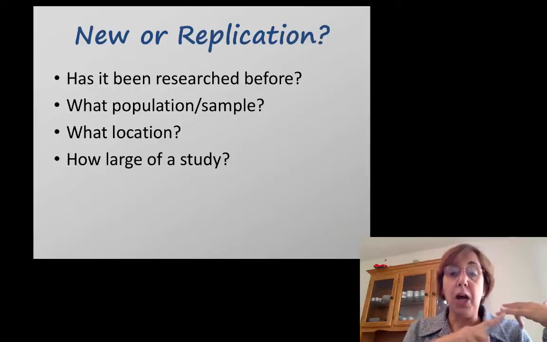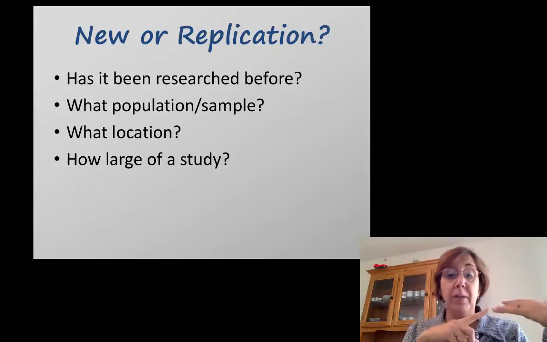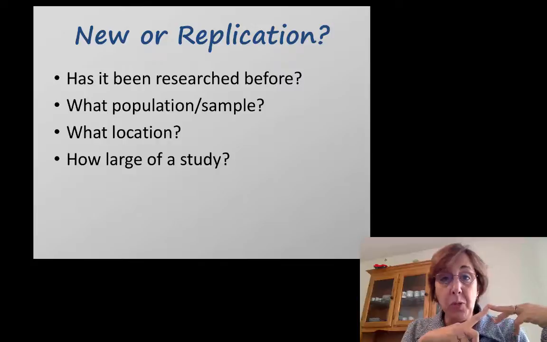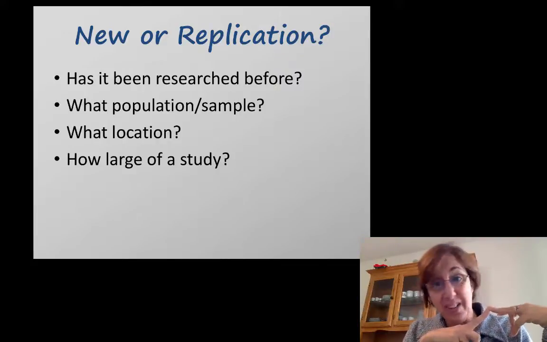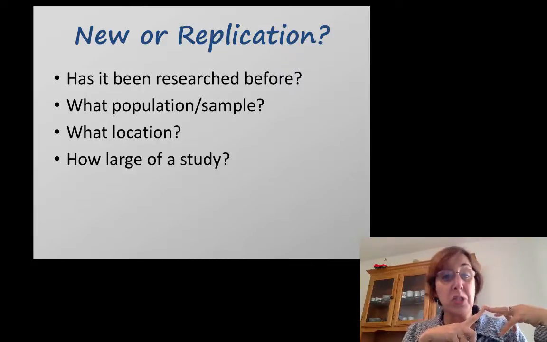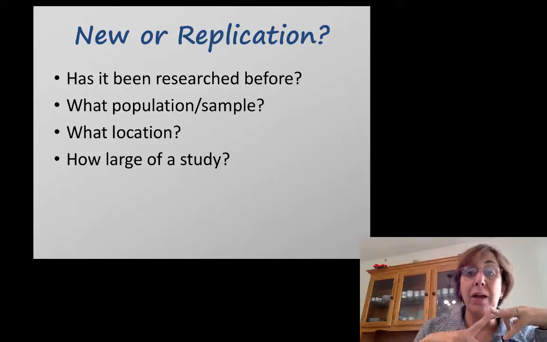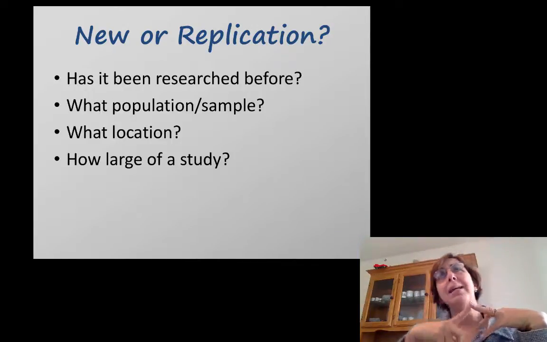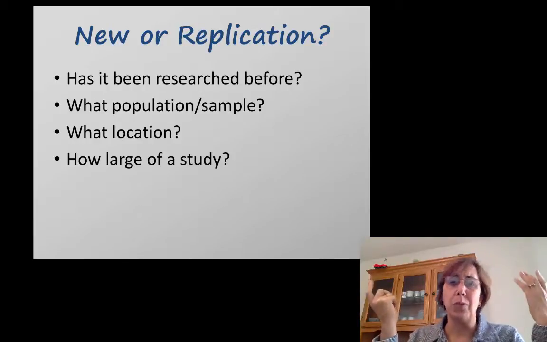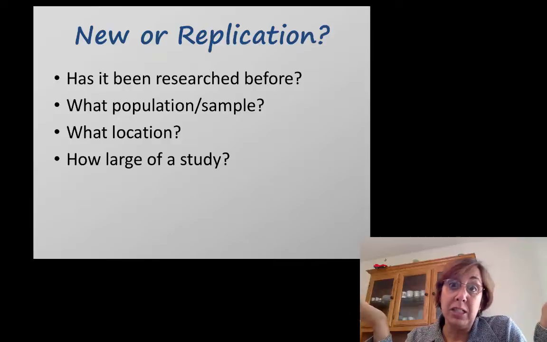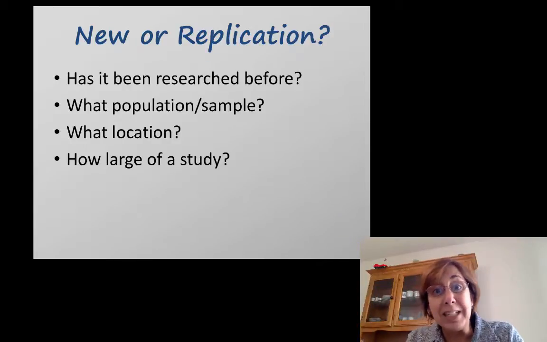So if your topic has been researched before, then what population and sample were used? Chances are it was not done in central Iowa, or it was not done with graduate students, or it was not done with the population you have access to, which may be specifically the population that works with, I don't know, insurance, or maybe they haven't looked at managers, or maybe they haven't looked at non-managers.